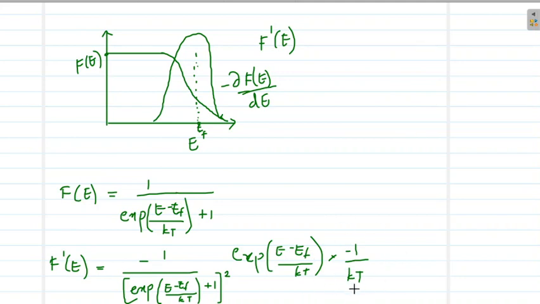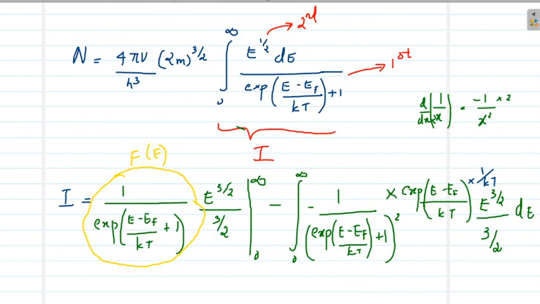This is the factor. So in the previous case, we actually had to substitute minus 1 by kt. This factor is plus 1 by kt itself. The derivative of e minus ef by kt is 1 by kt, right? I mistook that minus sign.